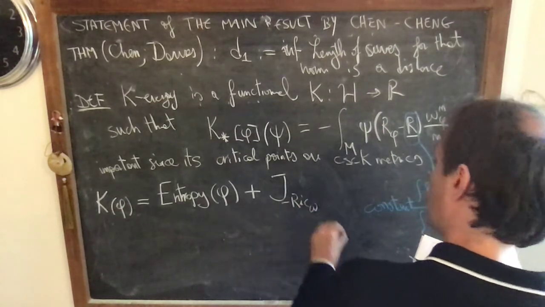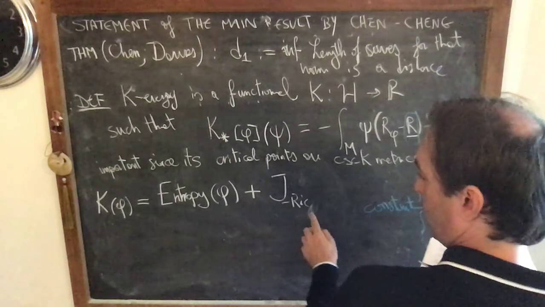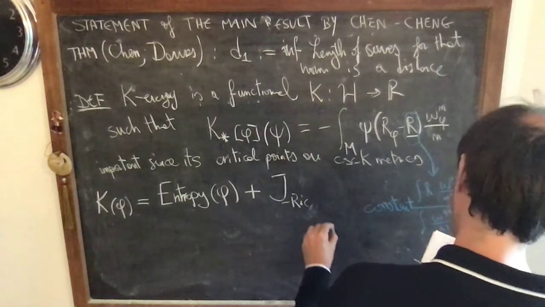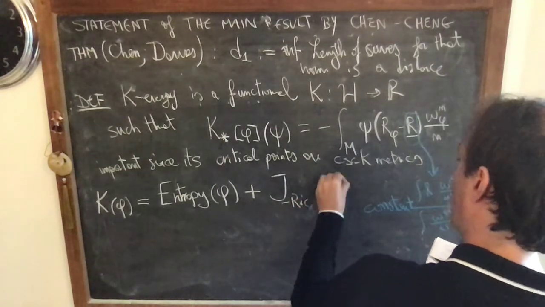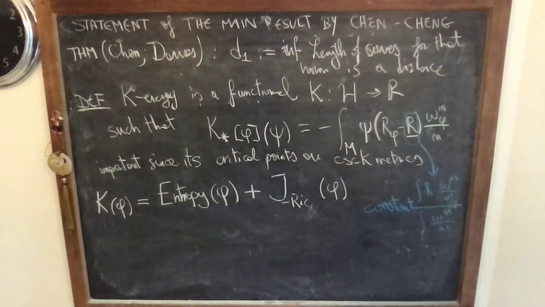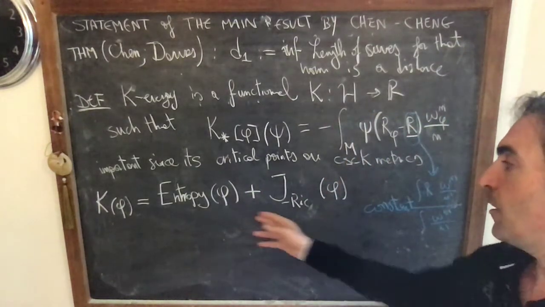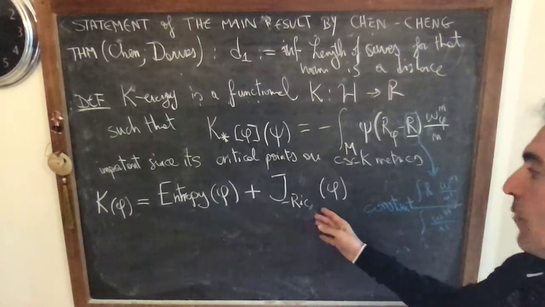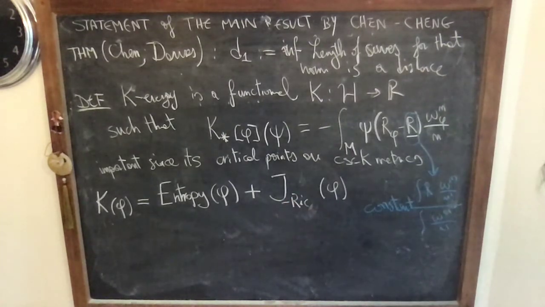One could write omega, but we just avoid writing anything of omega. So we see that the structure of the Kähler energy splits in two terms. One is the entropy and one is this J functional.